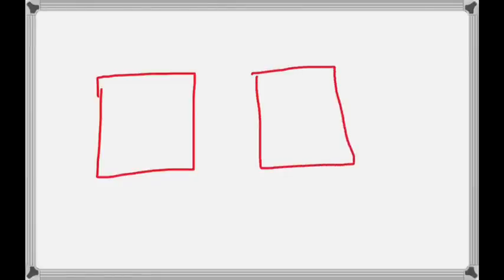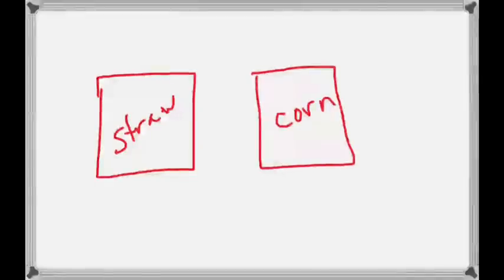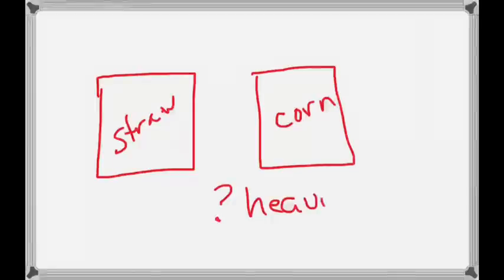We will pretend that those are equal size, which we know they're not. If we were to put straw in one of them, and we were to put corn grain in the other one, which one do you think is heavier? Which one are we going to be able to get more pounds of feed into, straw or corn?